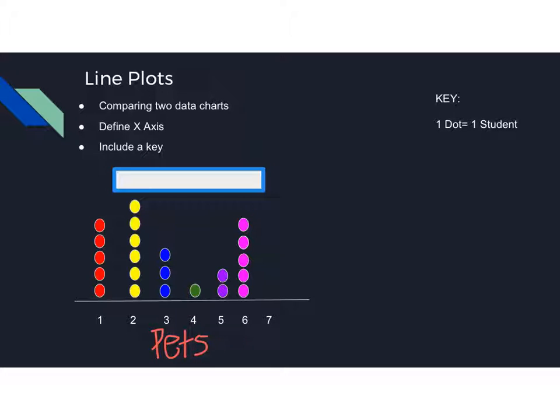Next, we need to give our graph a title. So number of pets each student has. Okay? We'll change it a different color so it's easier to see.